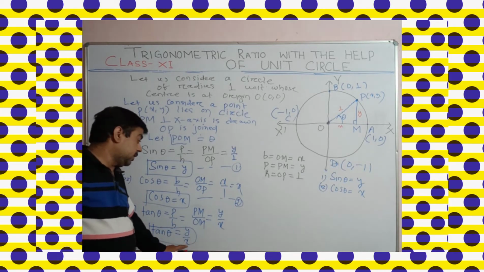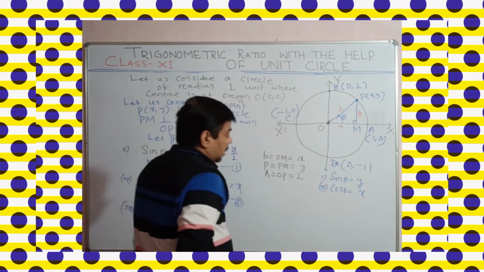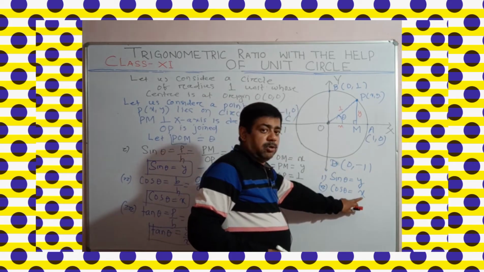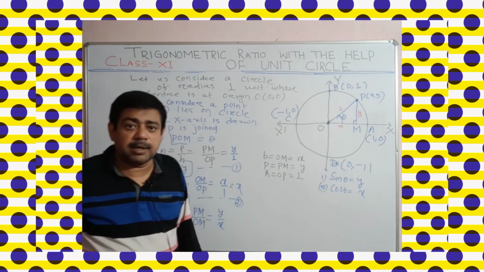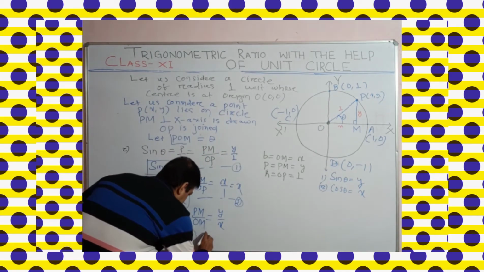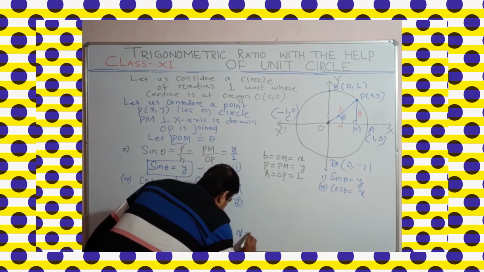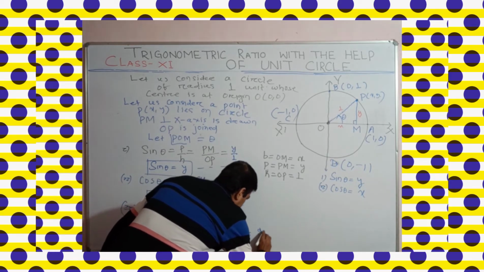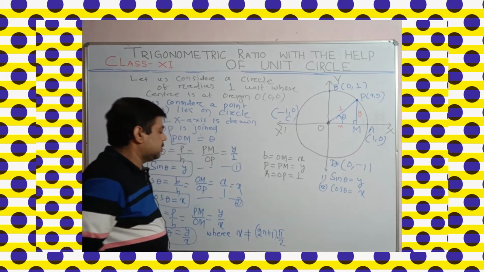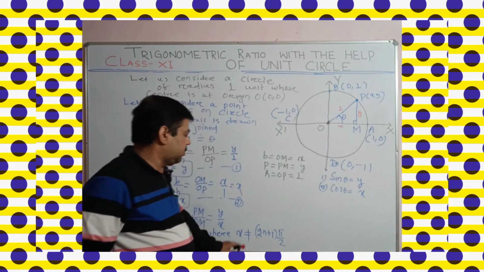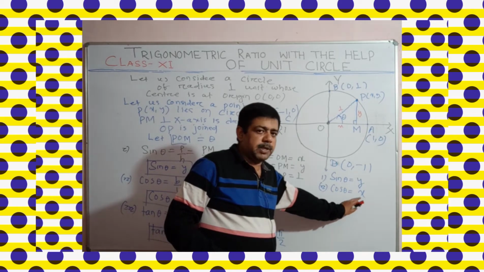You see the denominator is x here, and what is x? x is equal to cos theta, and the value of x should never be equal to 0. So theta must not be equal to an odd integral multiple of pi by 2. Okay, so the condition is that theta is not equal to an odd multiple of pi by 2, because if theta is pi by 2, 3 pi by 2, then cos theta will be 0, so the value of x will be 0.